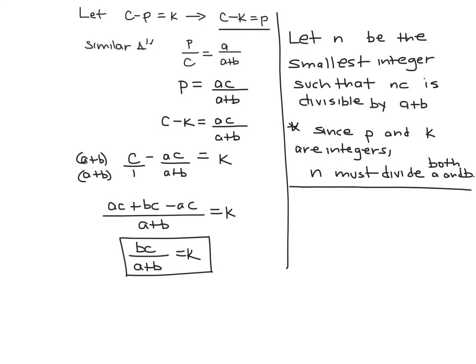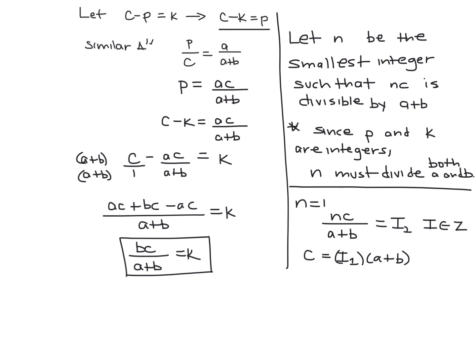All right, so now we experiment with values of n. Let's say we set n equal to 1. Then we see if nc over a plus b is divisible. If it is, it would equal some integer. So let's call it I1, where I1 is some element of the integers. Cross multiply and you get c is equal to, well, n is 1, so that's just going to be I1 times a plus b.